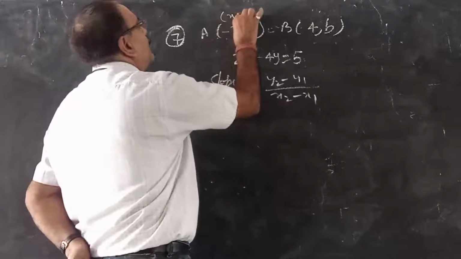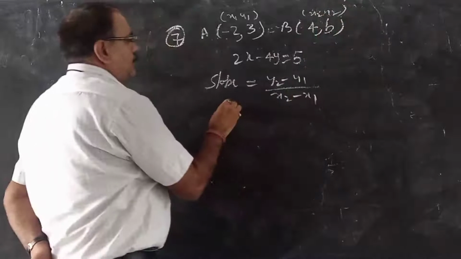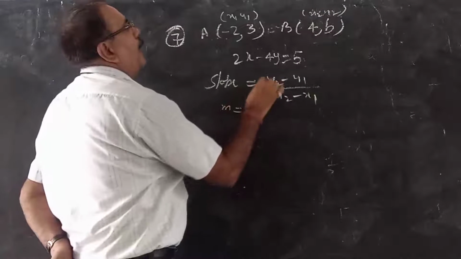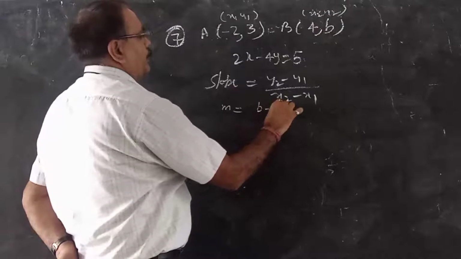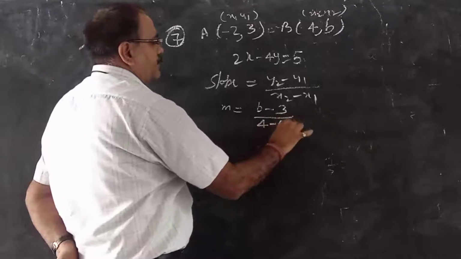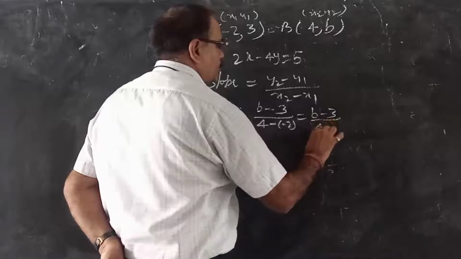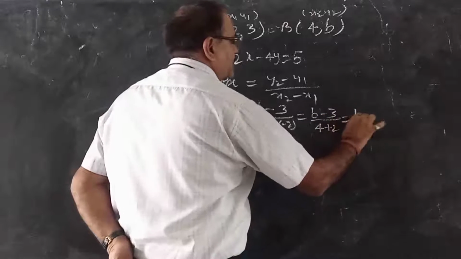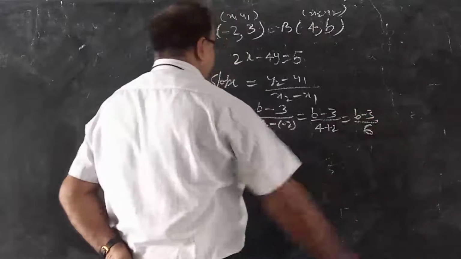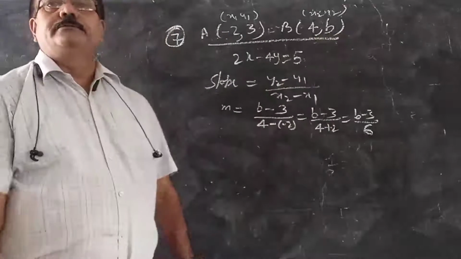Suppose this is (x1, y1) and this is (x2, y2). So the slope m is (b - 3)/(4 + 2), that is (b - 3)/6. This is the slope of the segment AB.